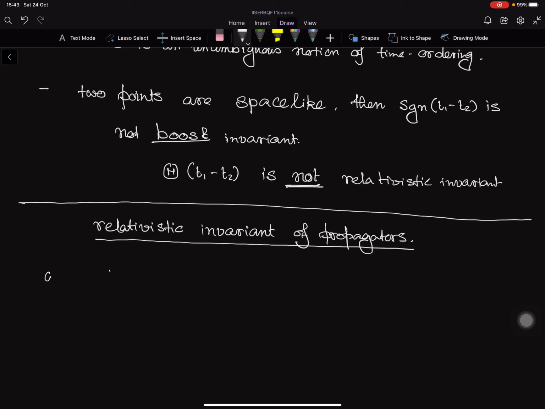So first let's start our discussion with the Wightman propagator, which is defined for this four-dimensional field theory. The Wightman propagator is defined as this thing.